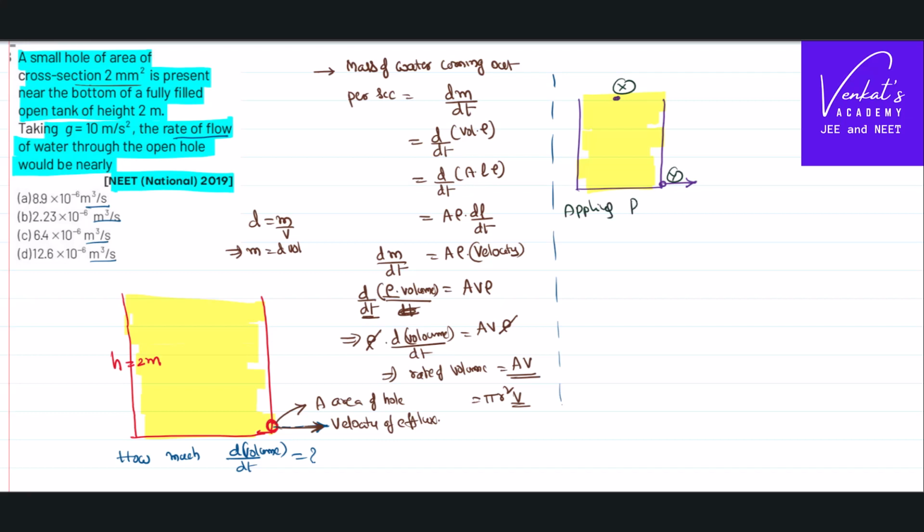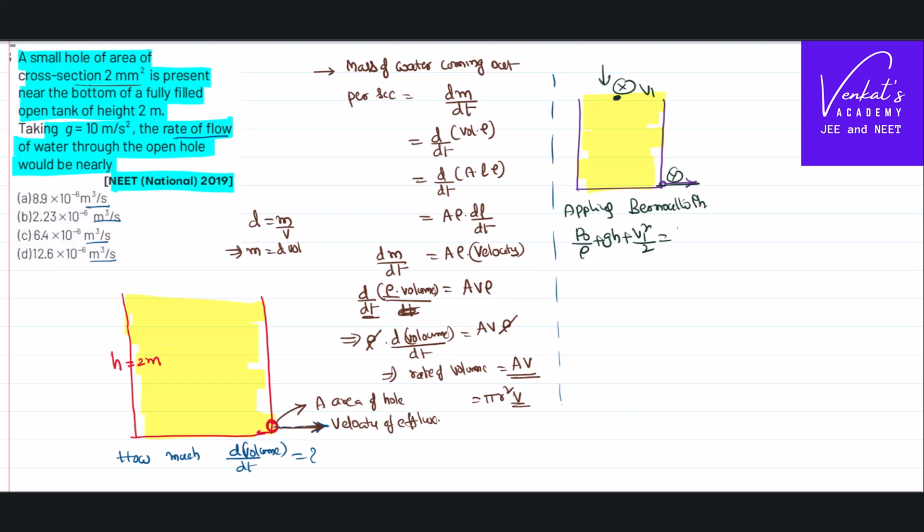Applying Bernoulli's theorem says that P1 by rho, at this point P is nothing but atmospheric pressure, P naught by rho plus gh, at this point velocity is V1 square by 2.